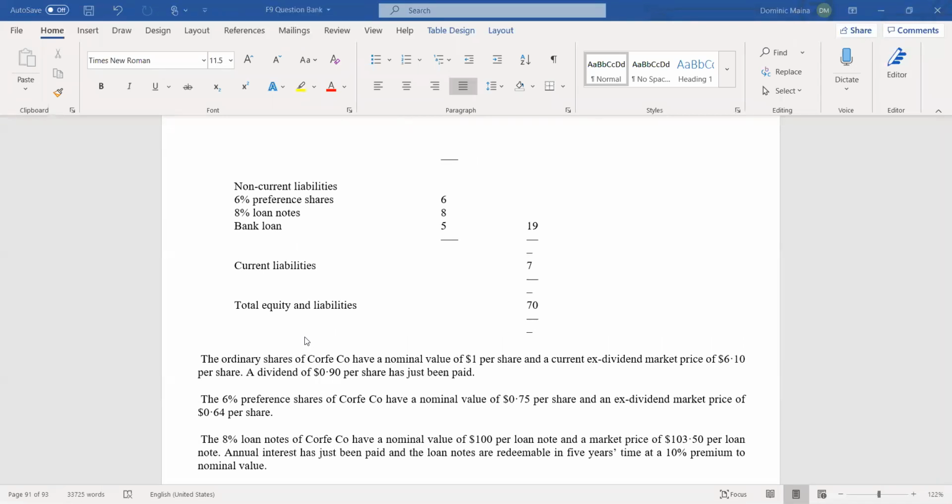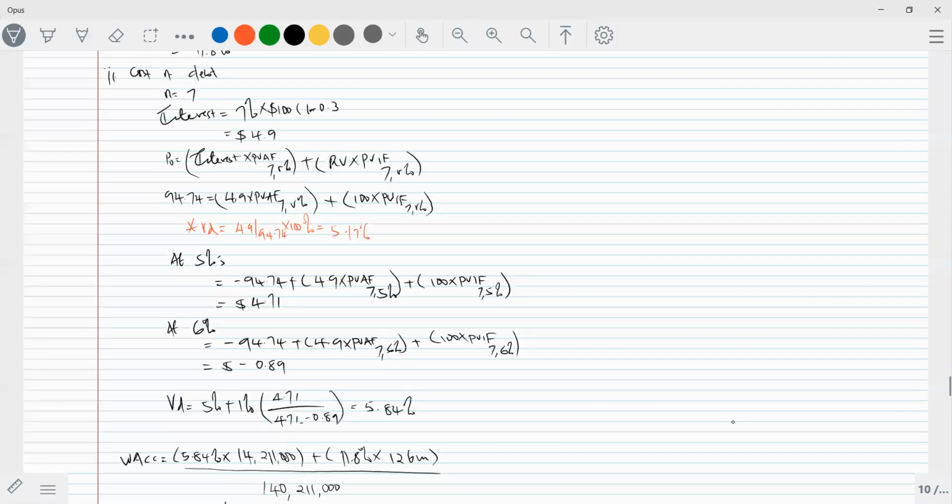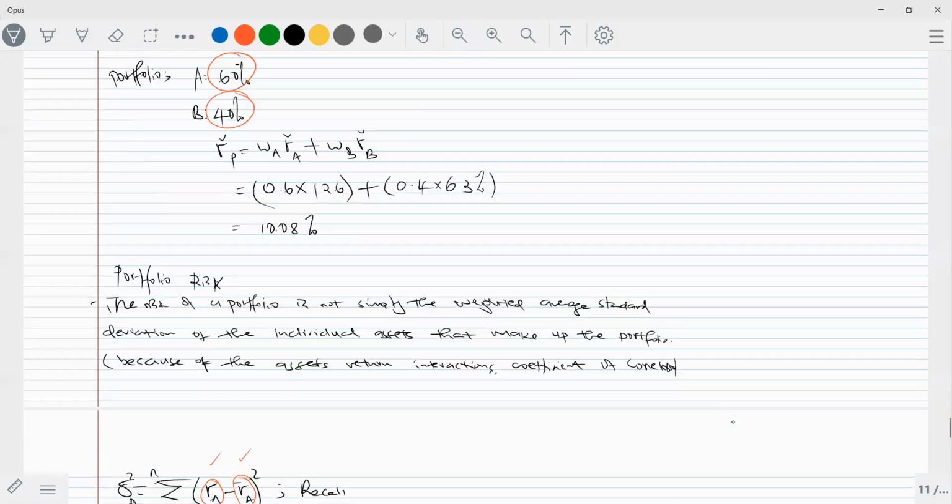Having done that, let's draw our table, which is what we were discussing last time.